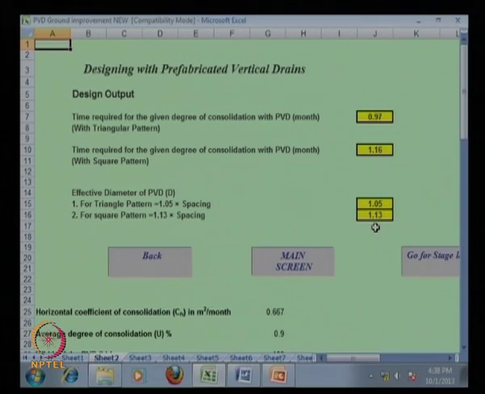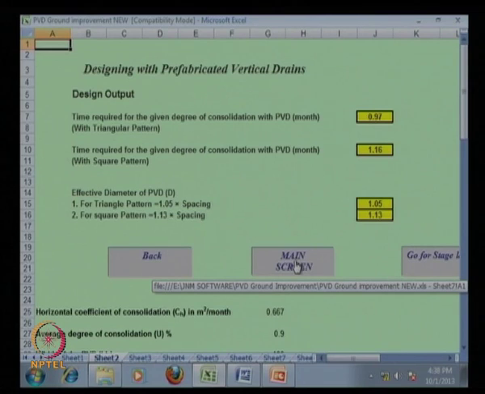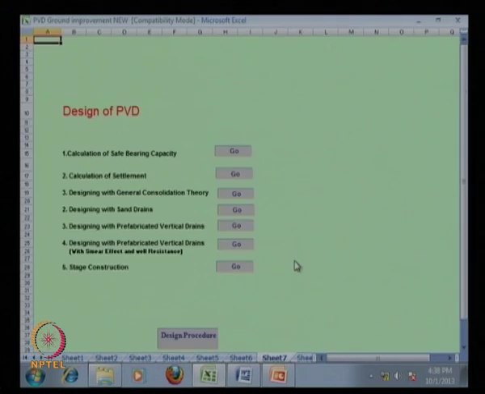So, you can see how drastically you can reduce the time when you use this prefabricated vertical drain. This is only 0.97 month for triangular pattern and 1.16 month for the square pattern.